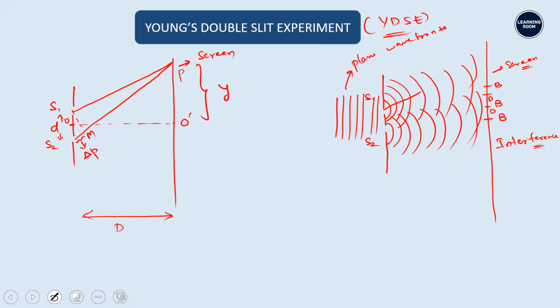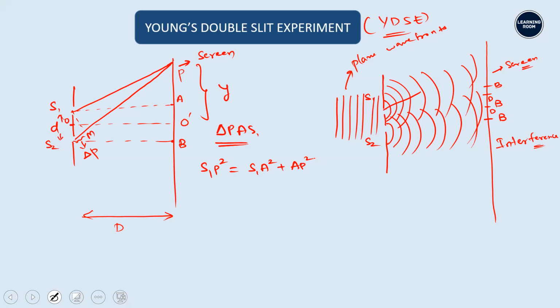I want you all to concentrate. For this I'm doing a small construction. If I take this point to be A, and from here I drop a perpendicular again, I'll call this point B. Now, since I'm dealing with distances, I look for right angle triangles. If I look at the triangle PAS1, it forms a right angle triangle, so I get S1P square equals S1A square plus AP square.